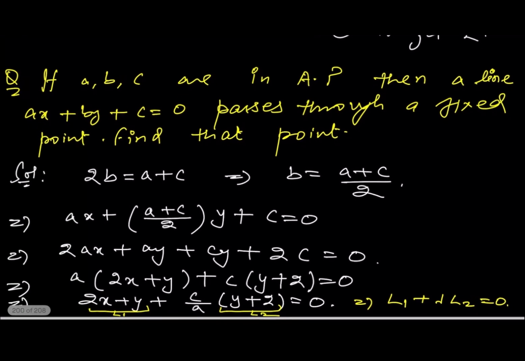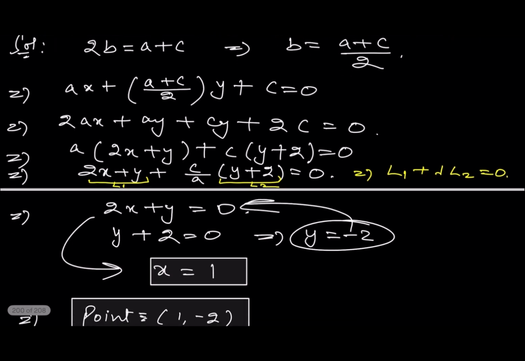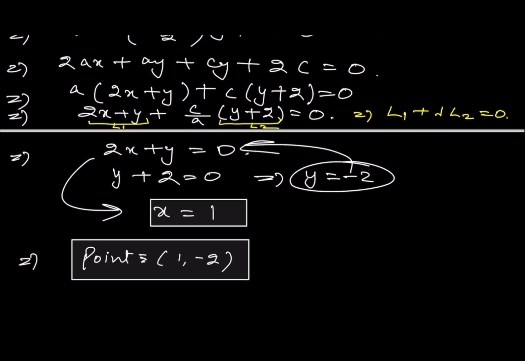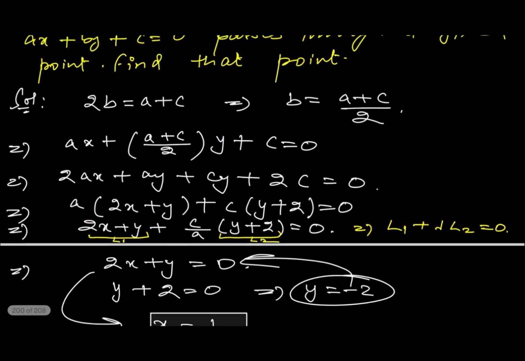I'm observing that if a, b, c are in AP and the line is ax + by + c = 0, then the fixed point is always (1, -2).